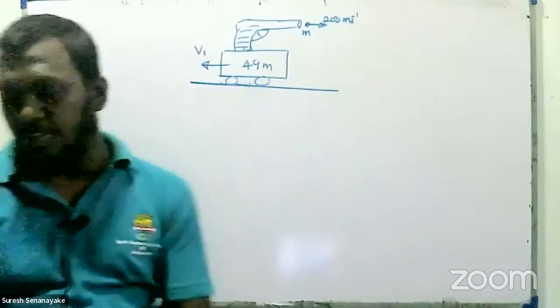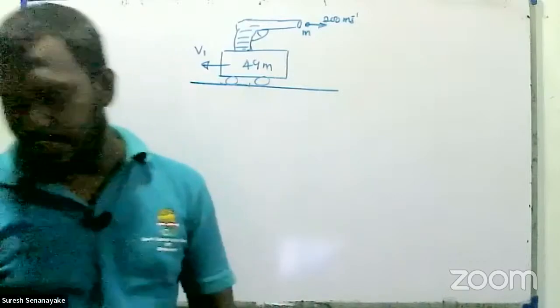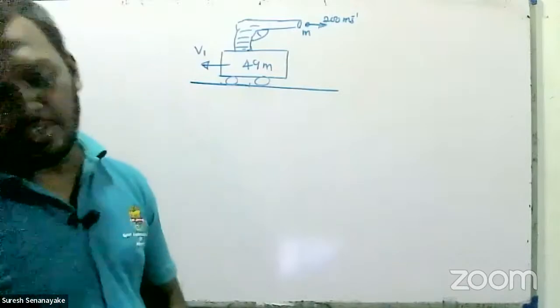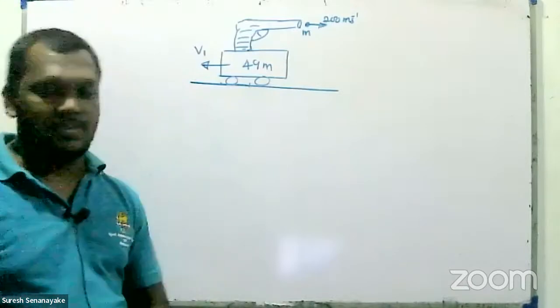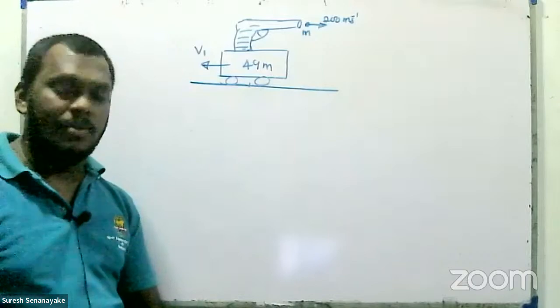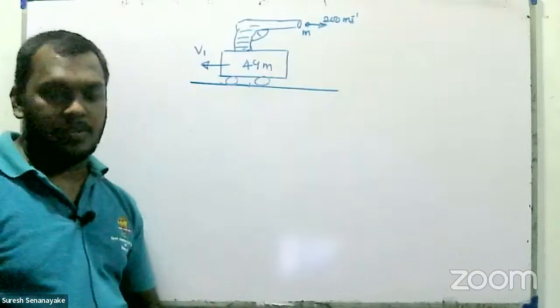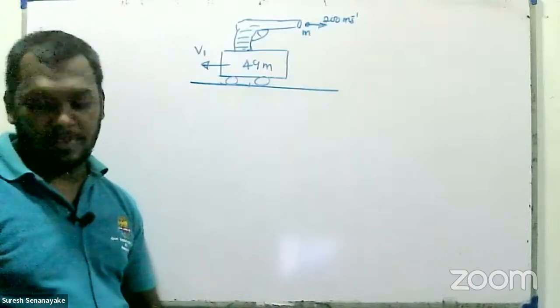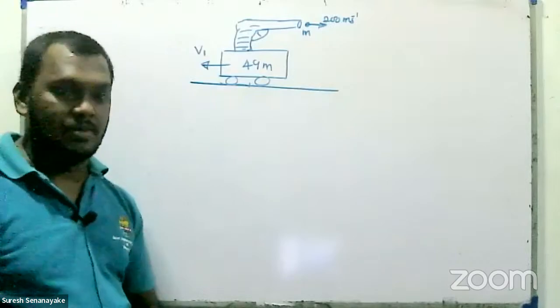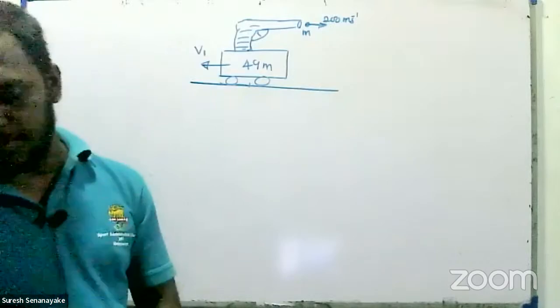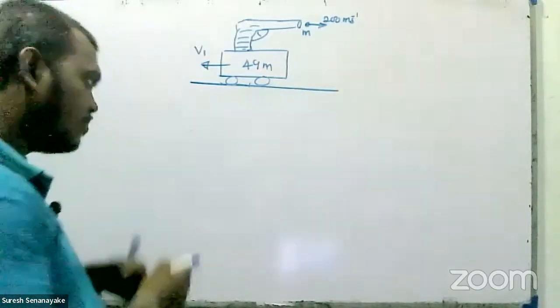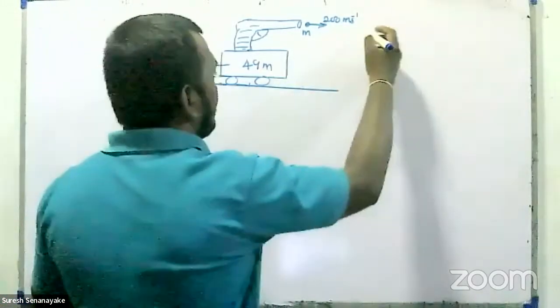So with the second shot, you need to consider the relative velocity also, because you need to apply momentum conservation. All the velocities should be considered with respect to one frame. One frame means with respect to the ground, right?